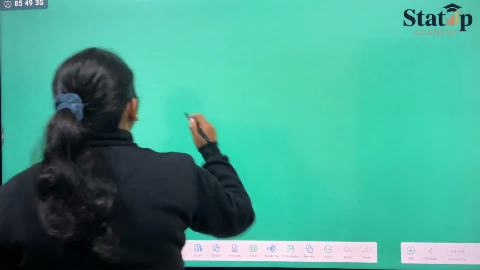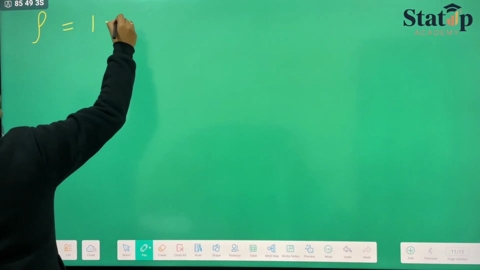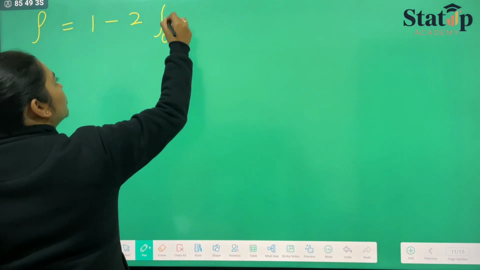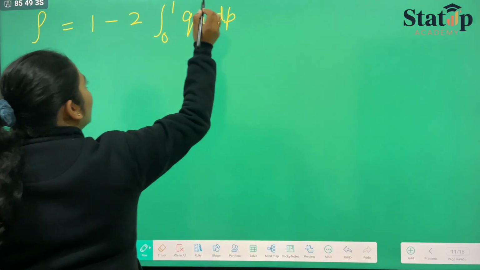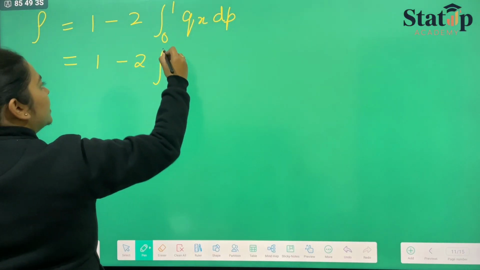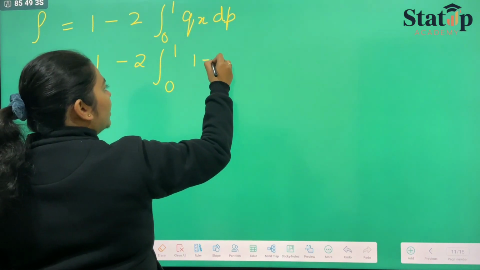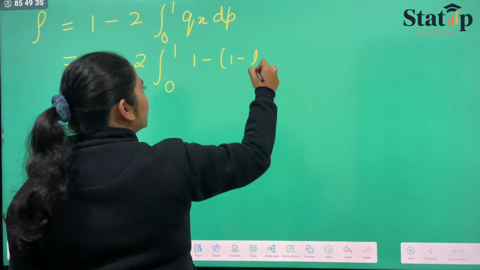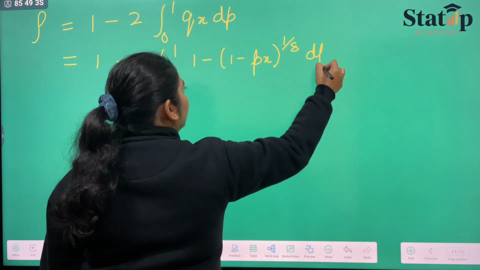Let us take this on another page. Rho can be written as 1 minus 2 into the integral from 0 to 1 of Qx dP. Now Qx can be represented in the form of P from 0 to 1. In the form of P, it can be represented by 1 minus Px raised to the power 1 by delta dP.